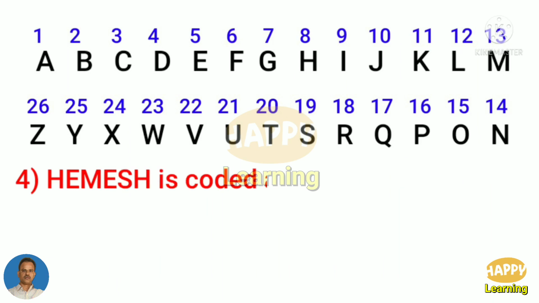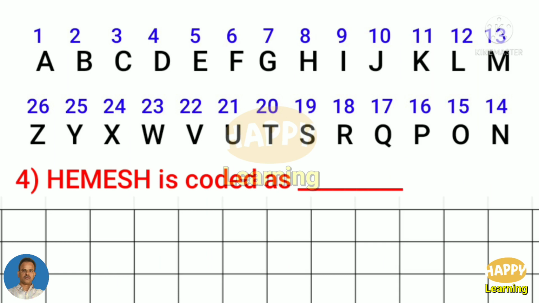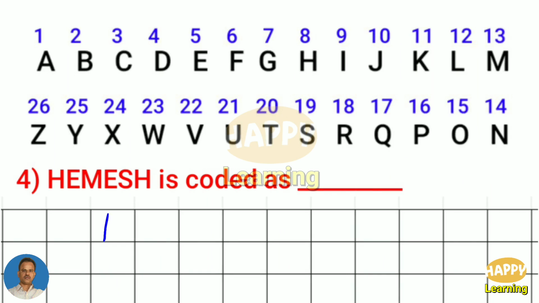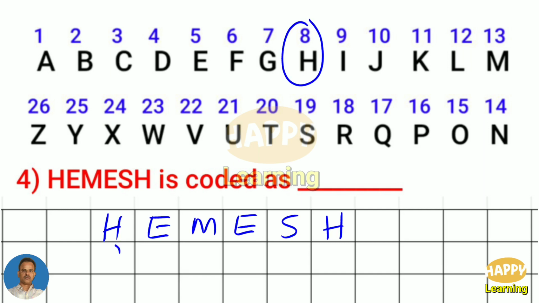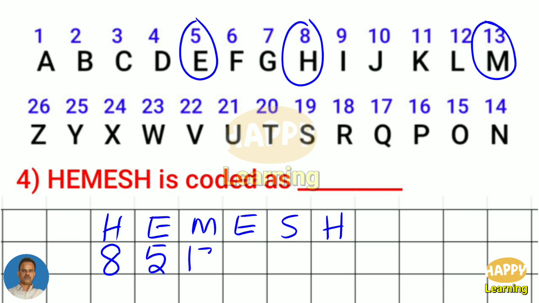Next question. Hamish is coded as. So first let me write the word here, Hamish. H is coded as 8, so write 8. E is coded as 5, so write 5. M is coded as 13, so write 13 here.